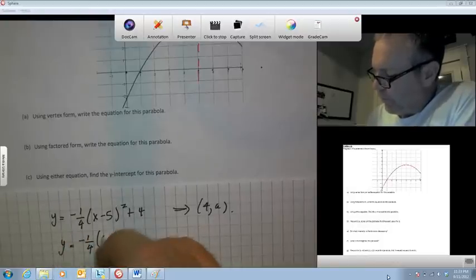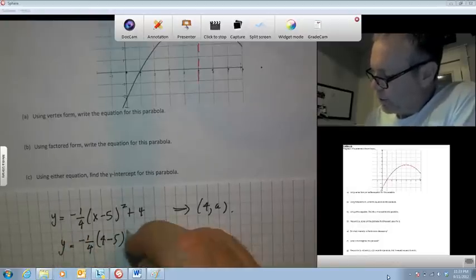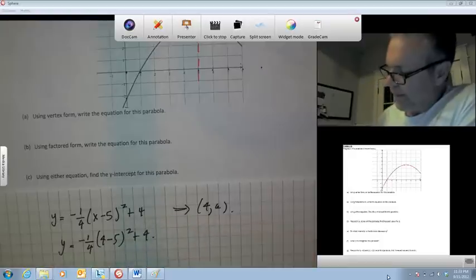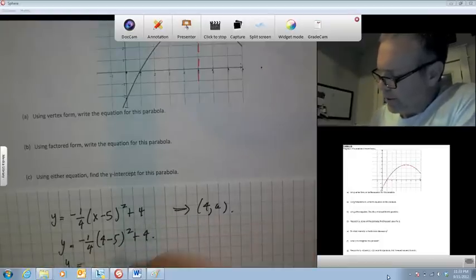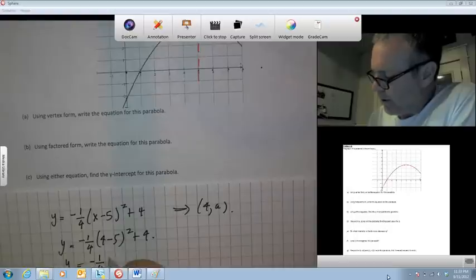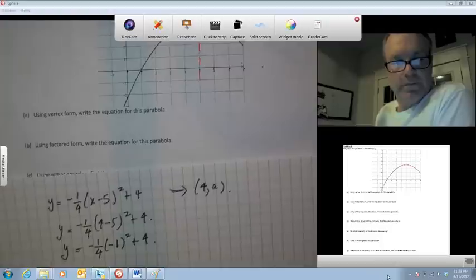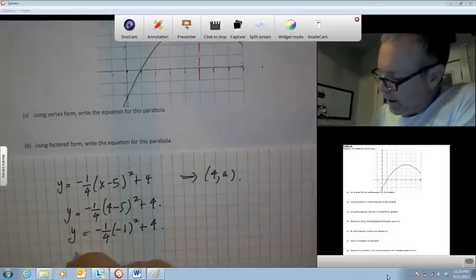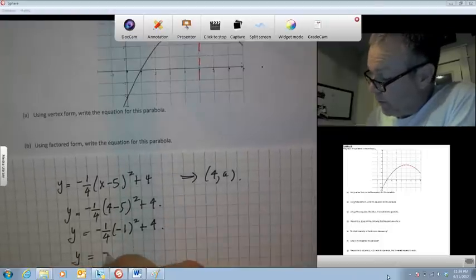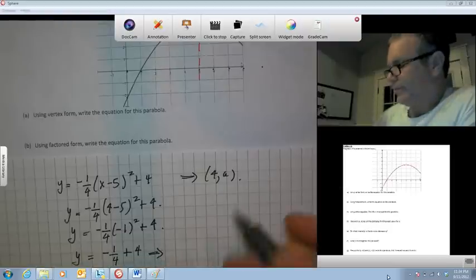y is equal to negative 1/4 times the quantity 4 minus 5 squared plus 4. This just becomes negative 1/4 times negative 1 squared plus 4, so negative 1/4 plus 4.